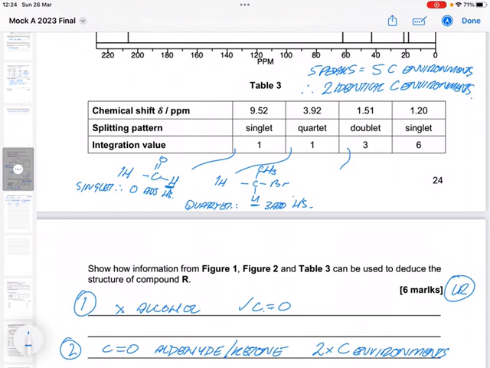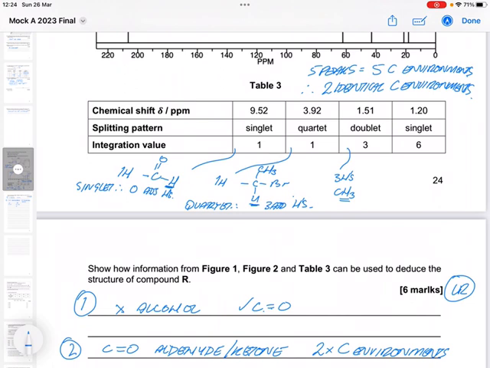1.15, so this is in the alkyl region, all right, and there are 3 protons, so 3 protons giving me the signal. It's in the alkyl region, so I'm going to do CH3, that's giving me the signal, so I'm always underlining the ones that are giving me the signal.